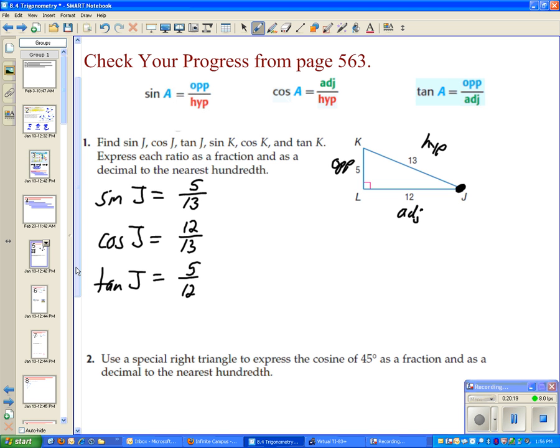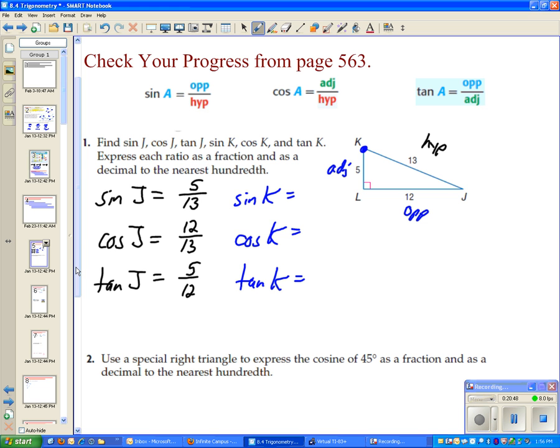Now, we need the sine of K, cosine of K, and the tangent of K. So the hypotenuse doesn't move, but 12 is now the opposite leg, and 5 is now the adjacent leg, isn't it?